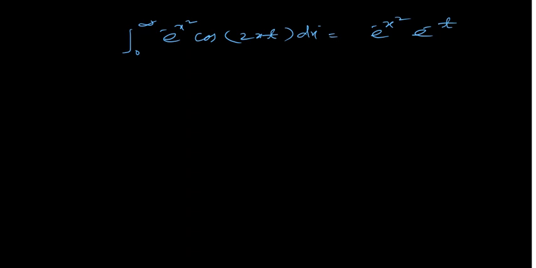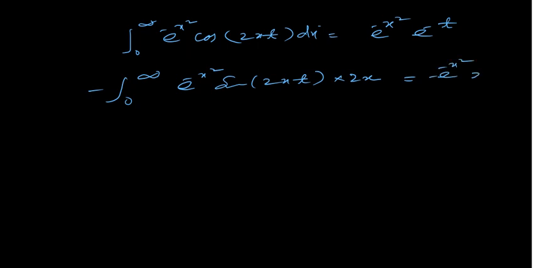Because if you prove this integral, 0 to infinity e power minus x square cos of twice xt dx, is equal to root of pi by 2 into e power minus t, now let's differentiate this partially with t inside the integral sign. So it will be e power minus x square, sine of twice xt, into the derivative of twice xt, which is 2x, with a minus because you are differentiating cosine. This is equal to minus root of pi by 2 into e power minus t.